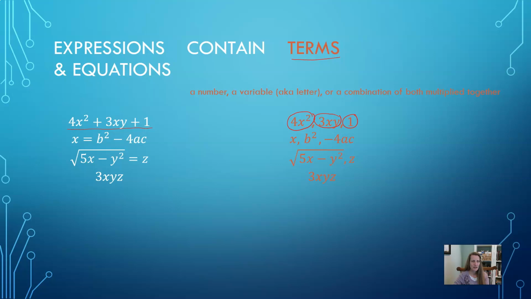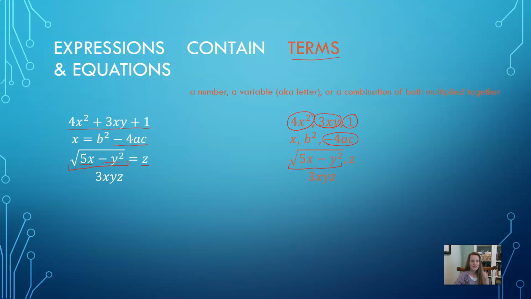So if we look over here, x equals negative b plus or minus the square root of b squared minus 4ac, that last term is minus 4ac, or a negative 4ac. Now, this piece right here, you'd think that maybe it had a term of 5x and a term of negative y squared. Well, since there's that square root taking the whole piece, that term is the entire piece underneath the square root.